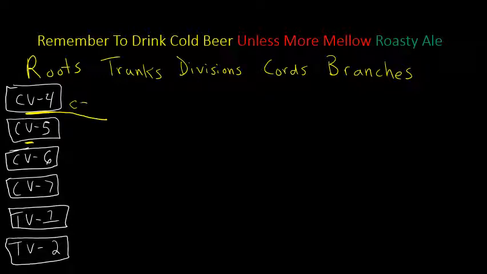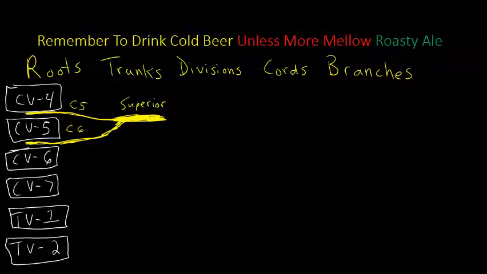So C5 and C6 will come together in order to form a trunk, what we call the superior trunk. So C5 and C6 form the superior trunk of the brachial plexus.